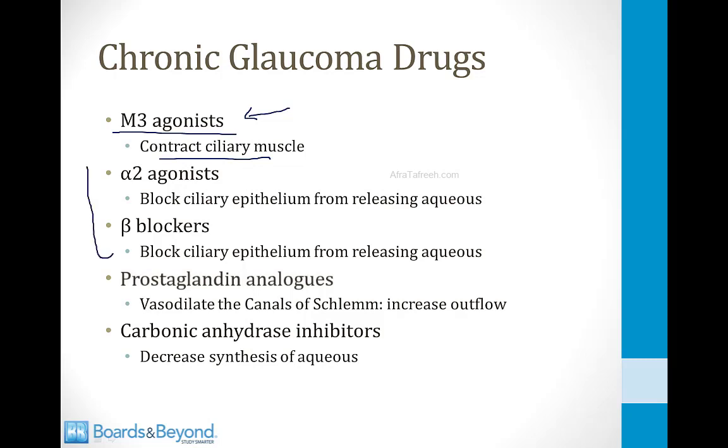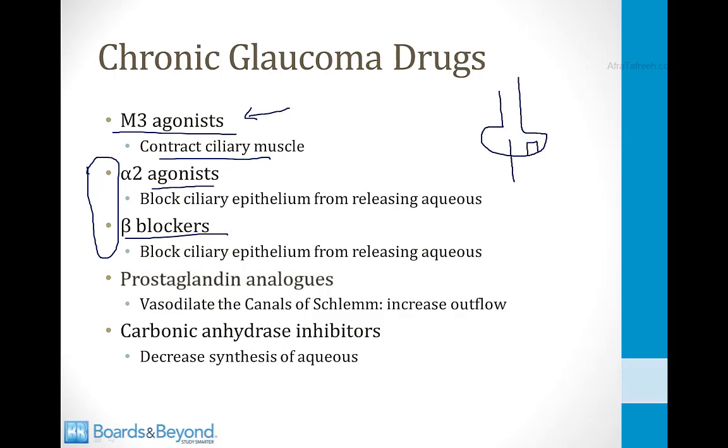The next 2 drugs are the alpha agonists and the beta blockers, so they block the sympathetic nervous system. And recall that the sympathetic nervous system can stimulate the ciliary epithelium to release more aqueous humor. So beta blockers directly block that effect of the sympathetic nervous system, and then alpha agonists do that indirectly. Recall that the presynaptic neuron has an alpha-2 receptor right here, and that senses norepinephrine.